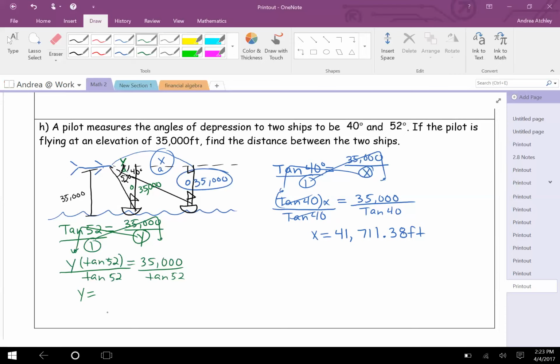Plug it into a calculator and see what you get. I got 27,345. Any questions over that?